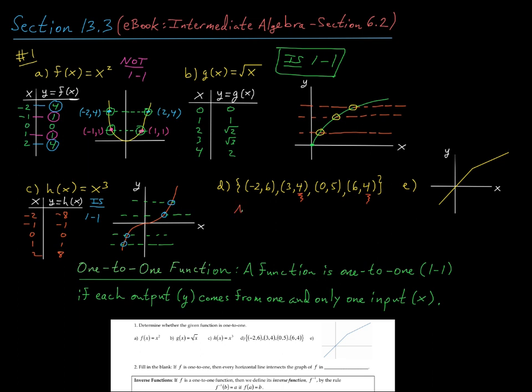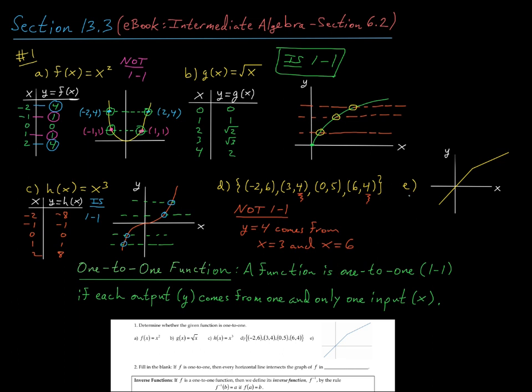So the answer here is this thing is not one-to-one. Okay, and that's because the y output of 4 comes from more than one input, x equals 3 and x equals 6.